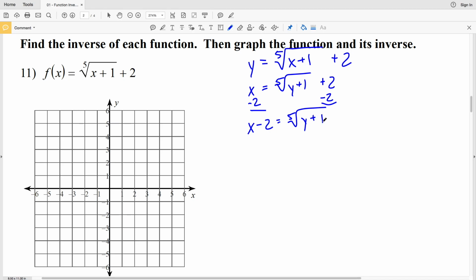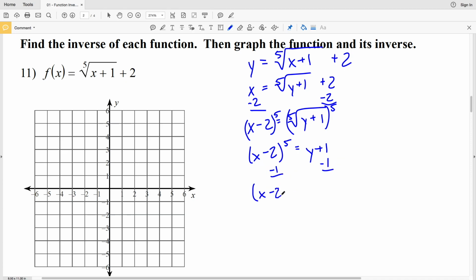Now we need to get rid of this radical, and in order to do that, we're going to need to raise both sides to the fifth. So now we have (x minus 2) to the fifth equal to y plus 1. So you can see that we got y plus 1 out of that radical. Now our next step, we're going to subtract 1 from both sides.